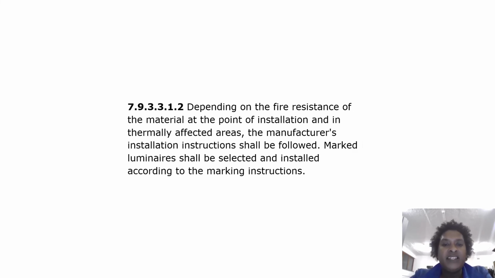Depending on the fire resistance of the material at the point of installation and in thermally affected areas, the manufacturer's installation instructions shall be followed. Marked luminaires shall be selected and installed according to the marking instructions.